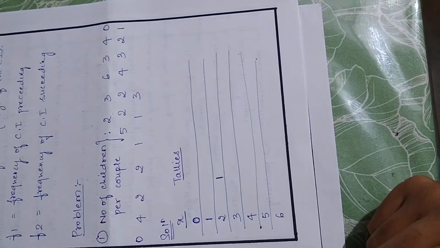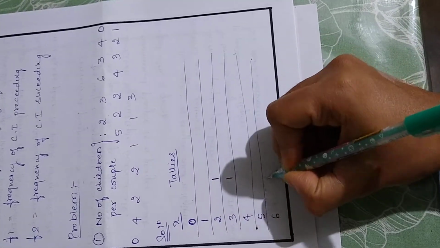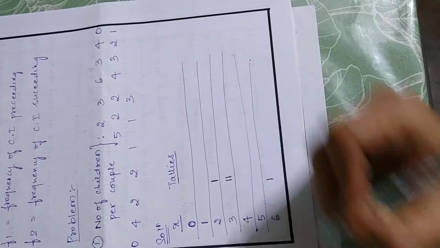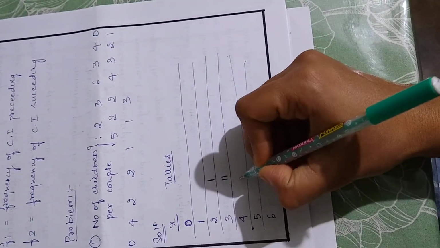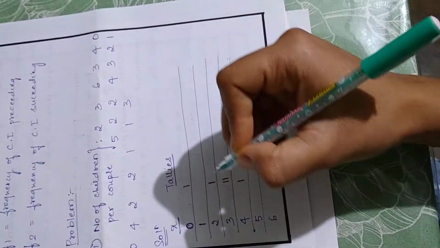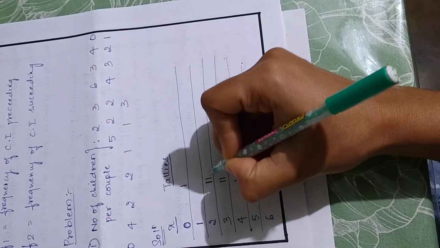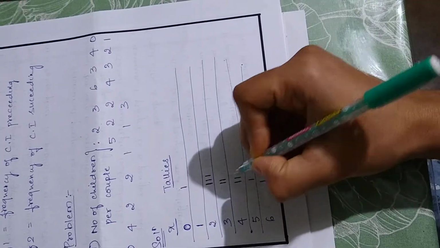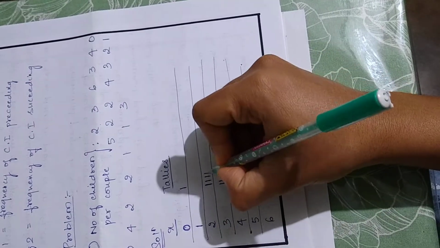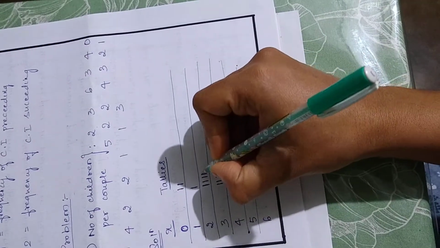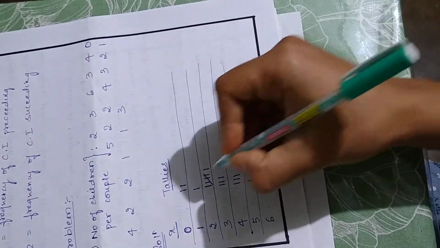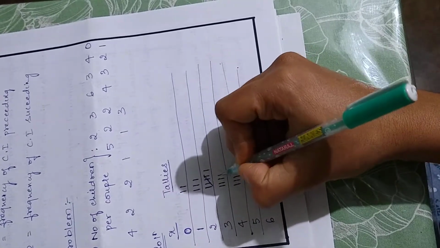Next is 3, line. 6, line. 3 again, next to the first line you will put another line. Okay, so 3 is done. Then 4, 0, 5, 2, again 2, 4, 3, 2, 1, 0, 4, 2, 2, 1, 1, 3. Now students, concentrate.